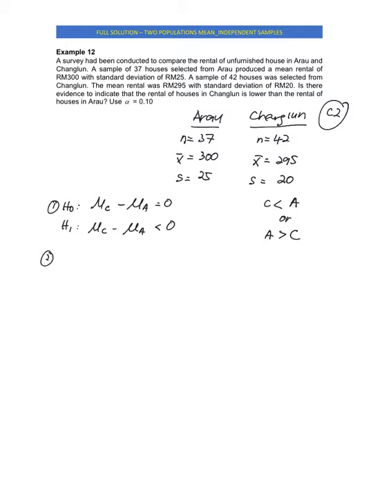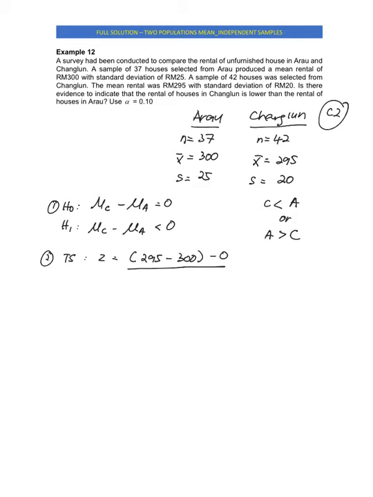So number 2, our test statistic, we're going to use Z because we do not know the population standard deviation or variance, but our sample size is large, which is greater than 30. So our Z is x bar Changlun minus x bar Arau, 295 minus 300, and the difference in means is 0, divided by the square root of S1 squared over N1 plus S2 squared over N2.